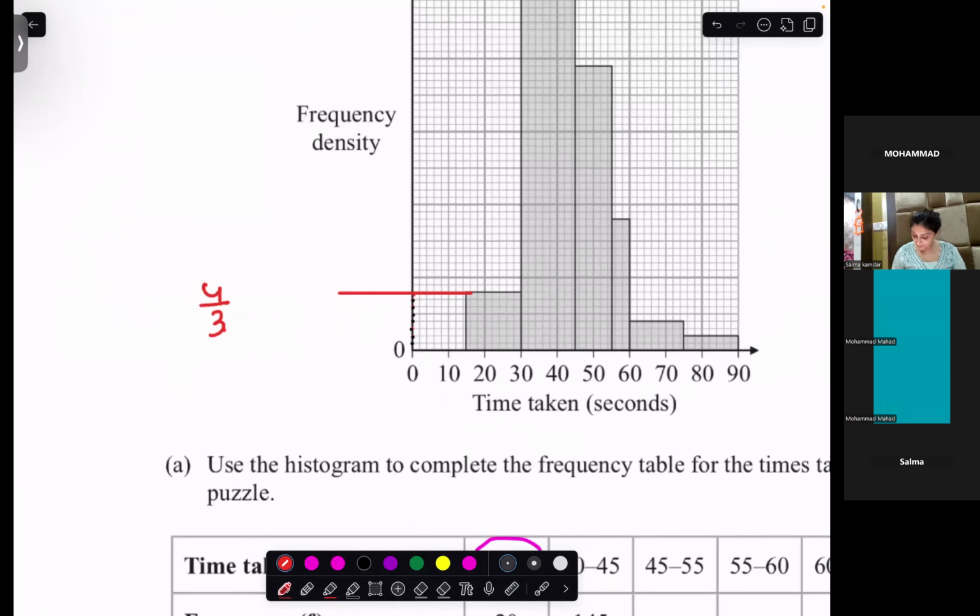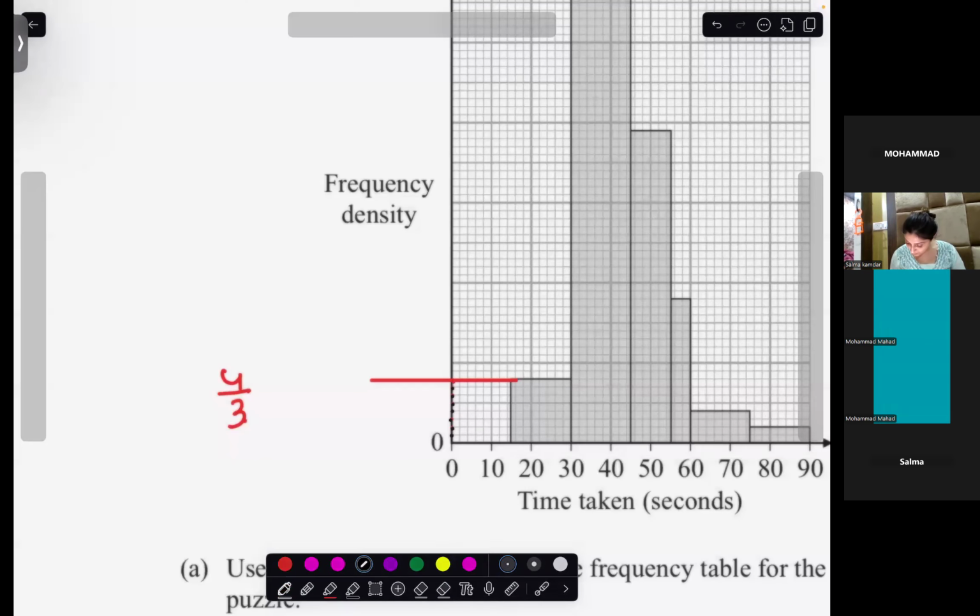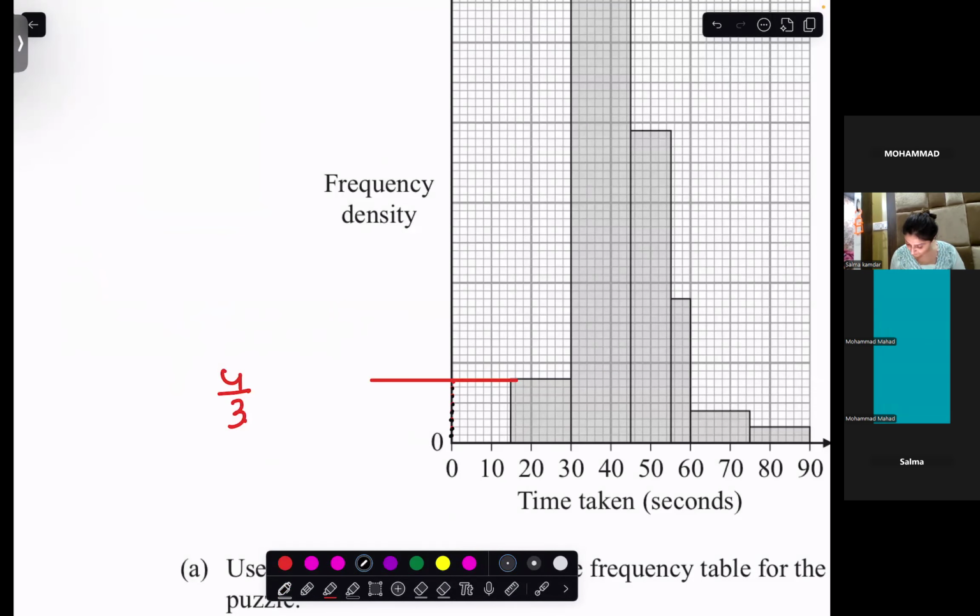So I will go and mark over here. 1, 2, 3, 4, 5, 6. This is 1. I expect you all to mark together. 1, 2, 3, 4, 5, 6. This is 2. This is 3.